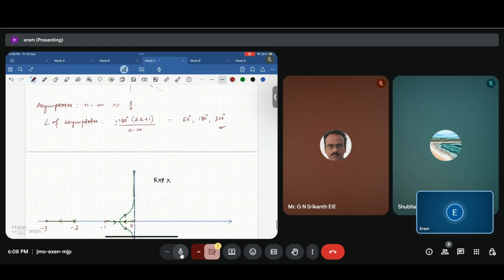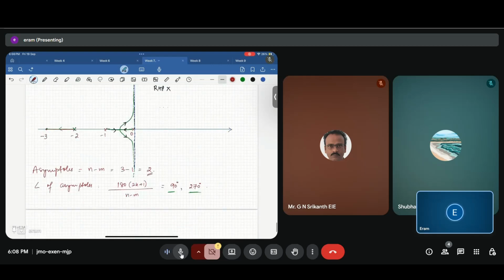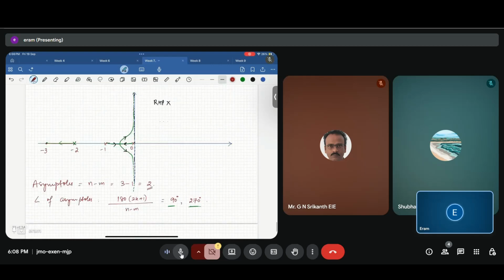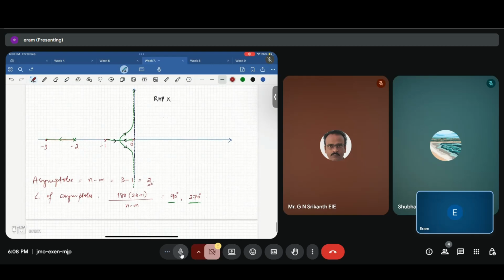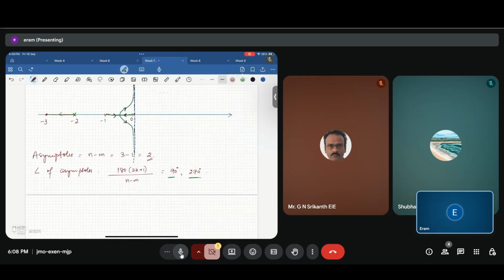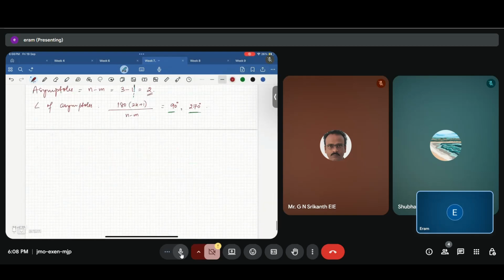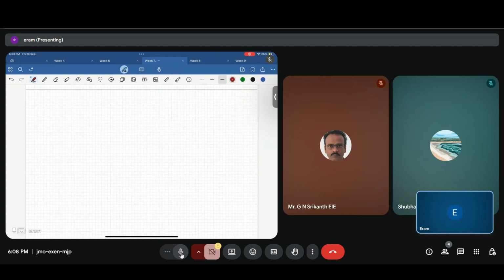In another case, where we have 1 zero at -3, let's solve this part again. So now in this case, we have poles at 0, -1 and -2, and then we introduced a 0 at -3.